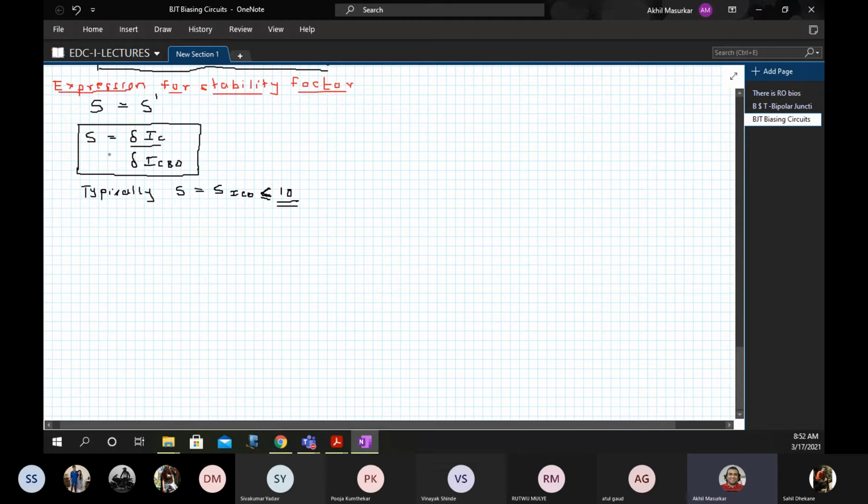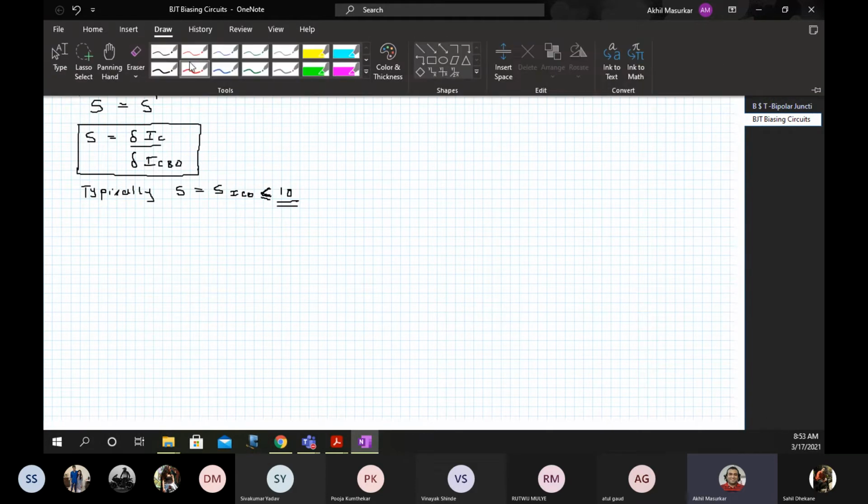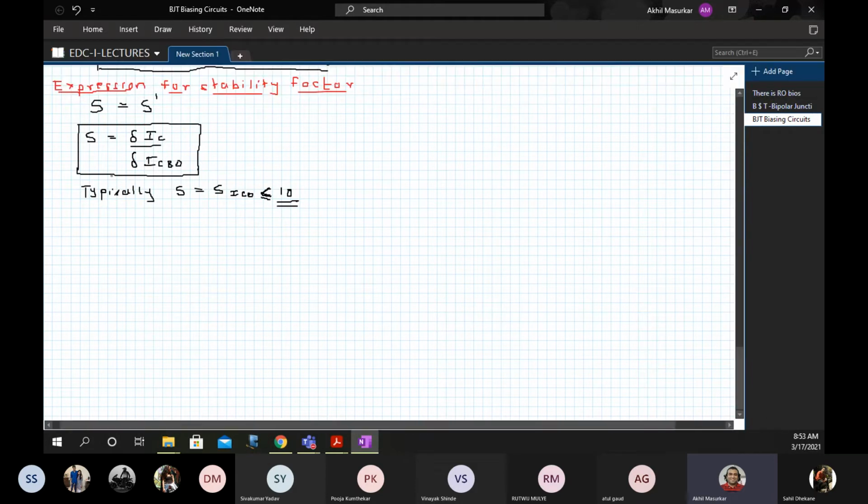The first thing in that is S is delta IC upon delta ICBO. But we know that IC is equal to beta times IB plus 1 plus beta times ICBO. This is the expression that we have already derived. Now we want delta IC upon delta ICBO.